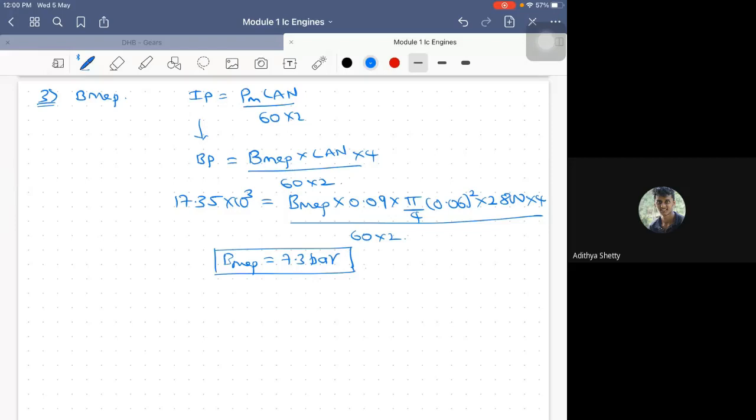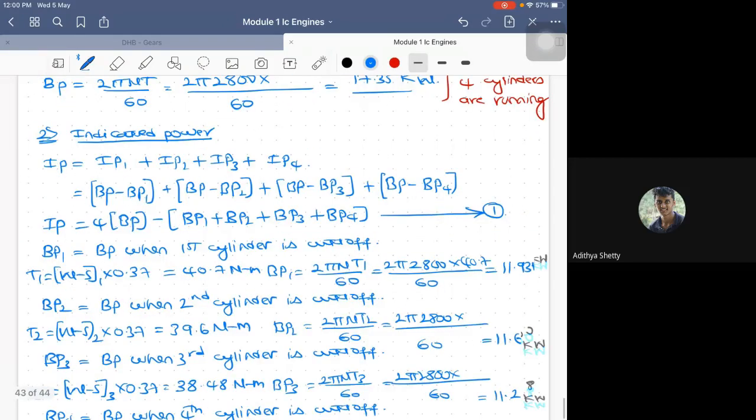Sir, why into 4? Number of cylinders, 4. You said for BP only for IP. So you're not calculating BP here. Did I do 4 in the BP?